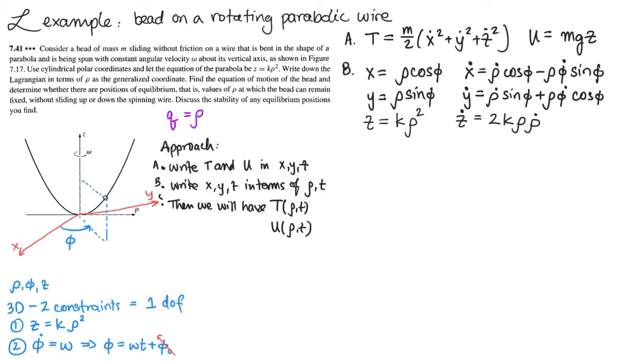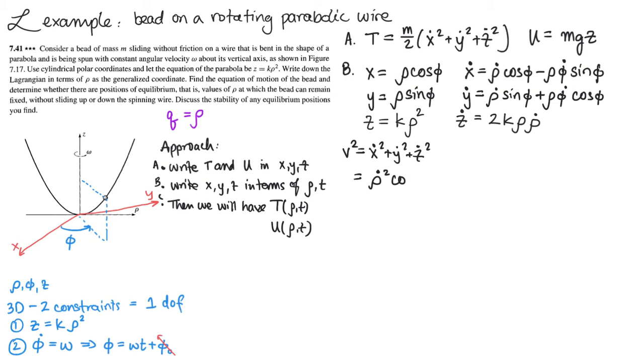Okay, so in order to find the kinetic energy in terms of our generalized coordinate of interest, we need to find v squared, right? Which is x dot squared plus y dot squared plus z dot squared, okay? I'll write it down here. So x dot squared, I'm going to get three terms.